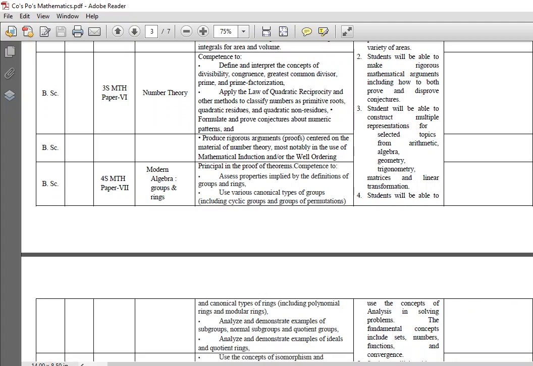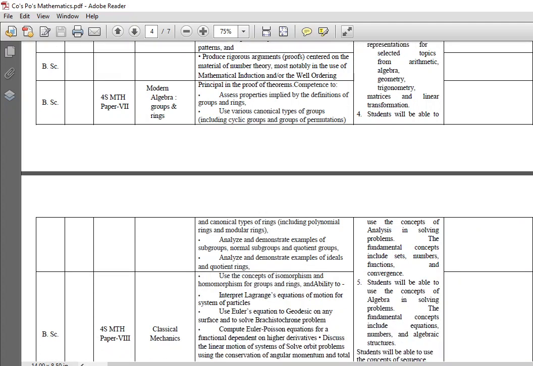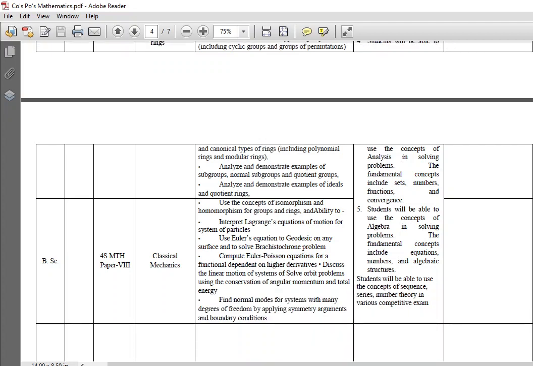There are types of subgroups also. You can also analyze and demonstrate examples of subgroups, normal subgroups and quotient groups. As we had discussed, there are types of subgroups. You can also analyze and demonstrate examples of ideals and quotient rings. That is the fifth chapter, ideals, based on rings.